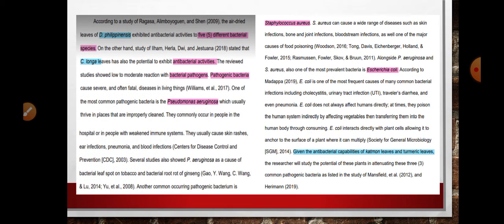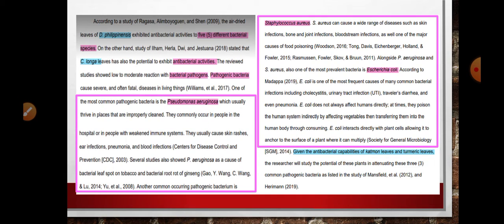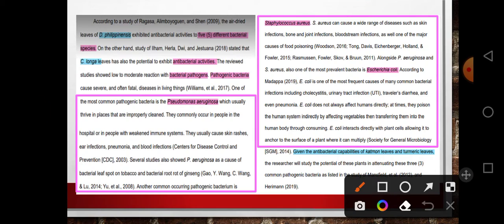Take a look at the parts inside the pink box. After the dependent variables were introduced using this transitional sentence, notice how the dependent variables are discussed one by one. And what are those dependent variables that are being discussed?